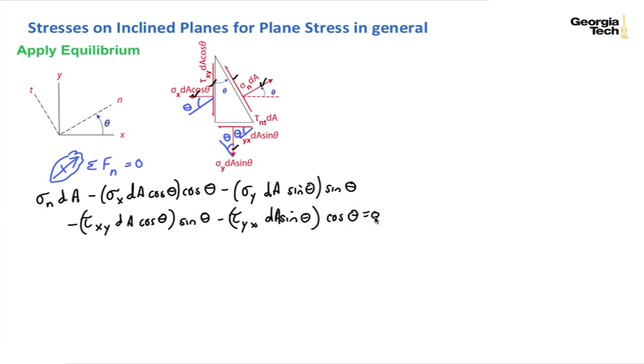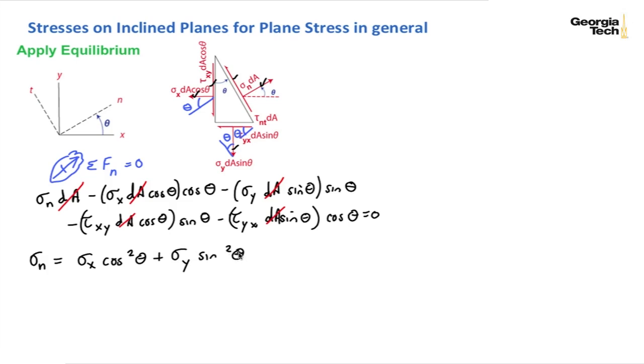You can see that every term includes a dA, so let's cancel those out. Let's leave sigma sub n on the left side and carry all the other terms to the right side, since they're negative, and we'll end up with sigma sub n equals sigma sub x cosine squared theta plus sigma sub y sine squared theta.